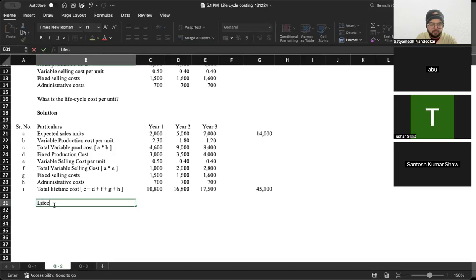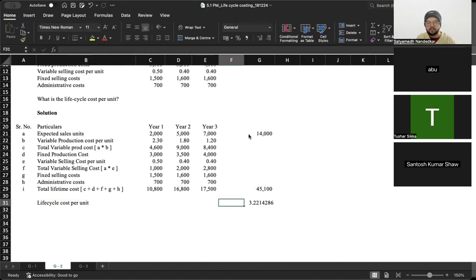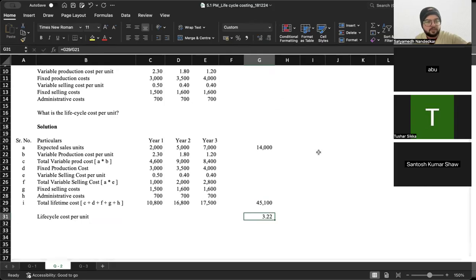So life cycle cost per unit, 3.22. Okay, have a look at the approach once.